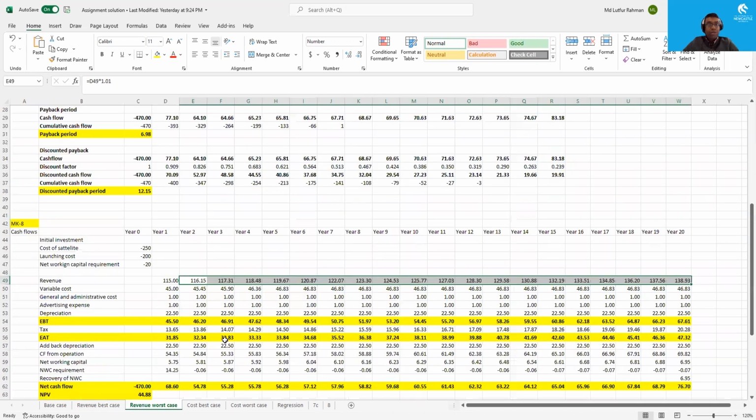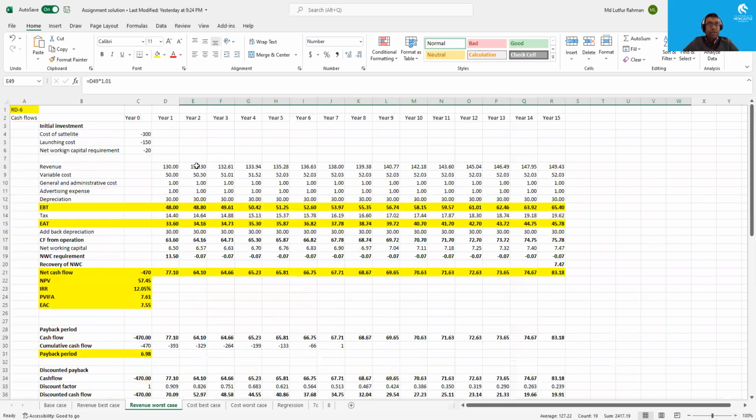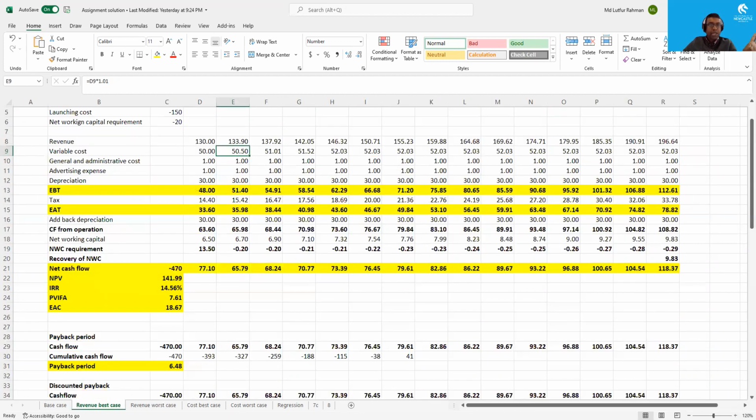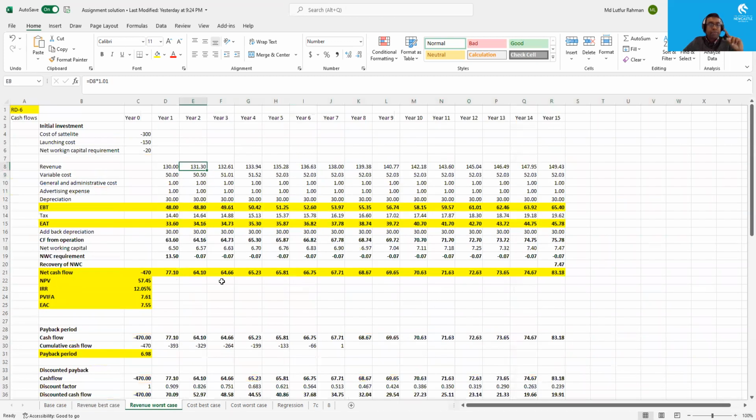And the revenue worst case is, here I consider that revenue increases by 1%, but cost also increases by 1%. That means cost is again the base case. So here, in the revenue best case, revenue increases by 3%, and in the revenue worst case, revenue increases by 1%, but cost remains the same as the base case.